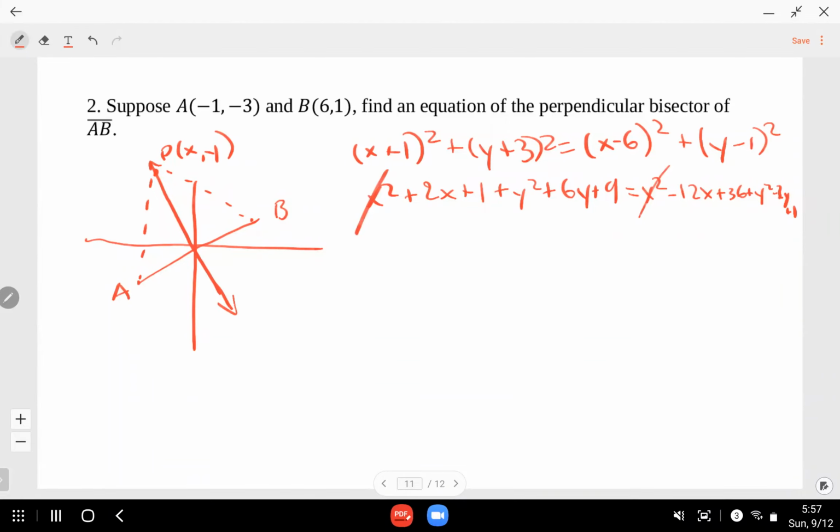Okay, and what else cancels out? Also canceled out and canceled out. All right, so once you cancel everything out and you subtract everything, you get 14x plus 8y equals 27, and that is the equation of the perpendicular bisector of the segment AB. All right, so that's how you do this problem.